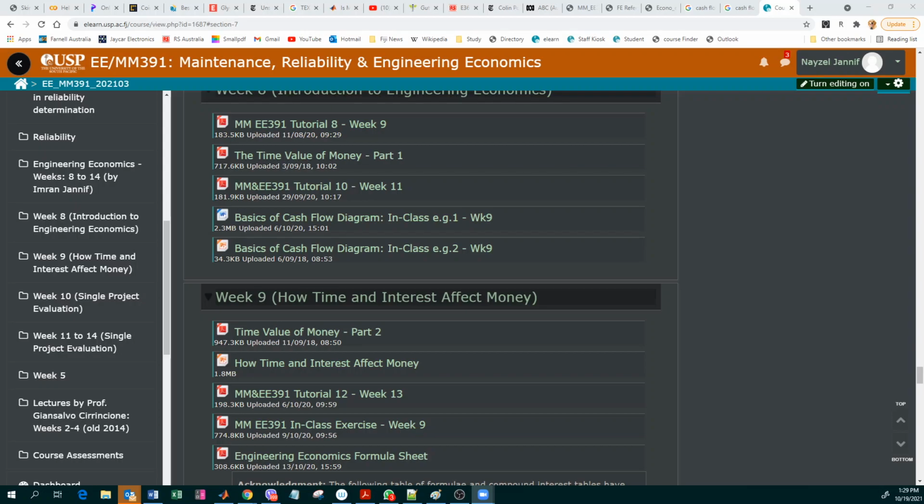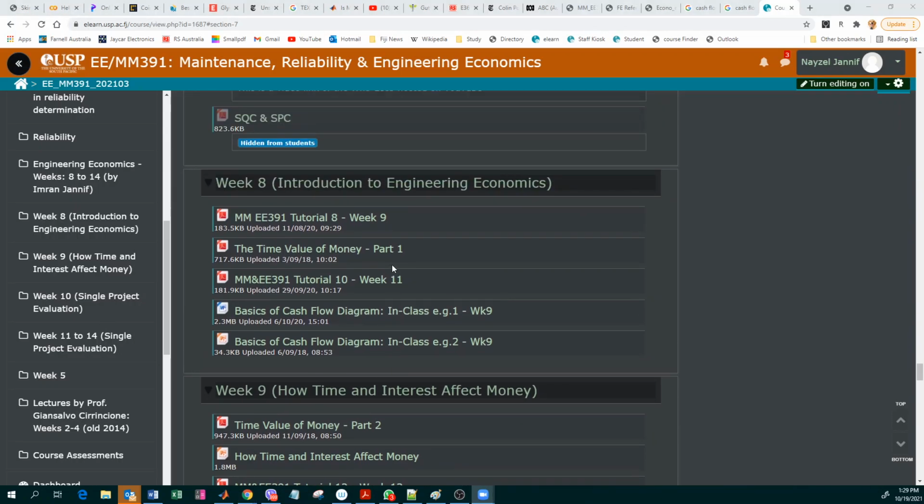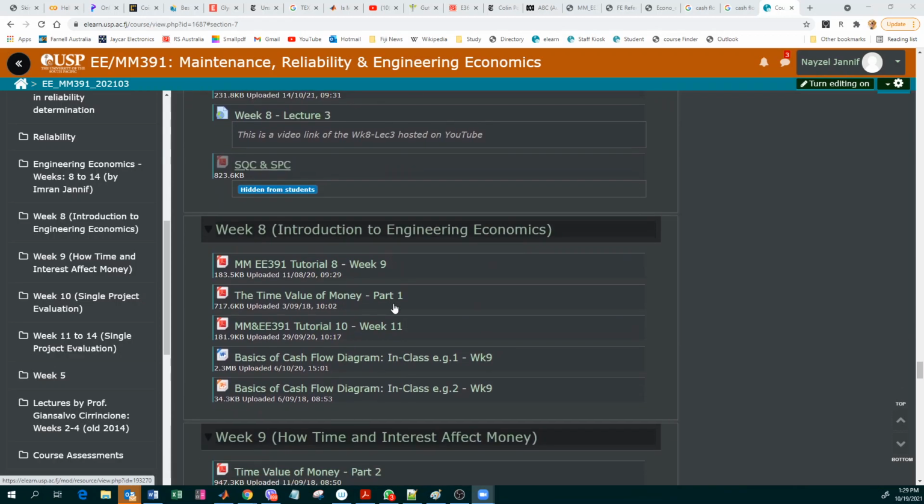Okay. I'm going to share the screen again. I'm going to share the particular Moodle shell. Can you see the Moodle shell, guys? If you come to this particular week 8, you'll see something called Basics of Cash Flow Diagram.